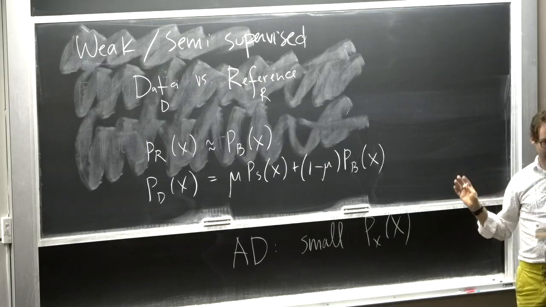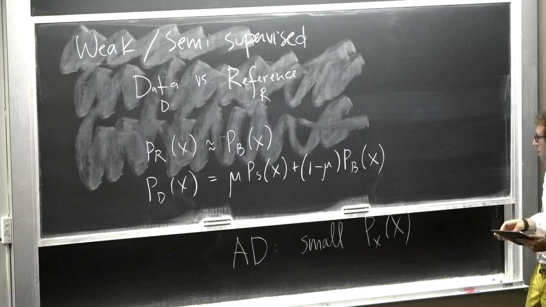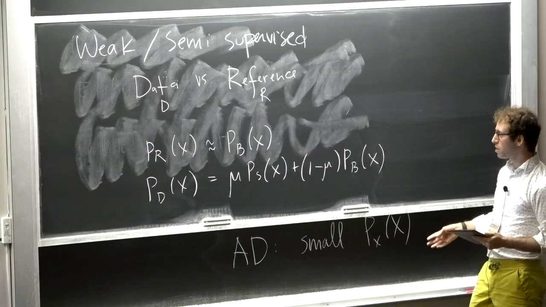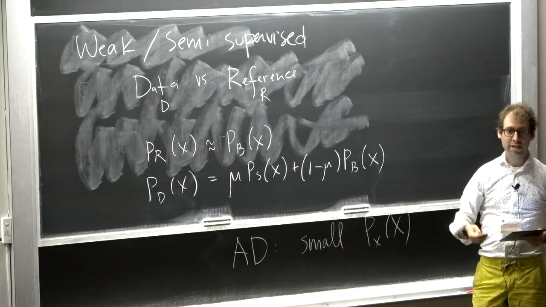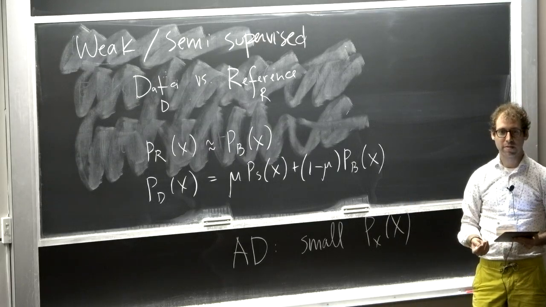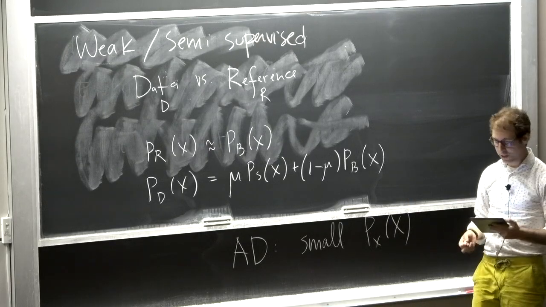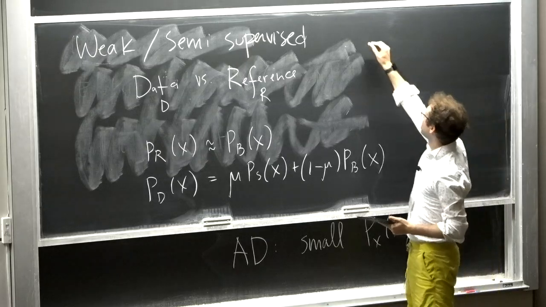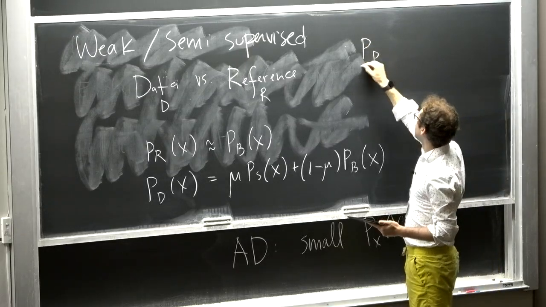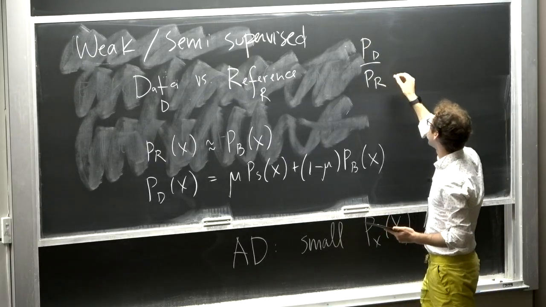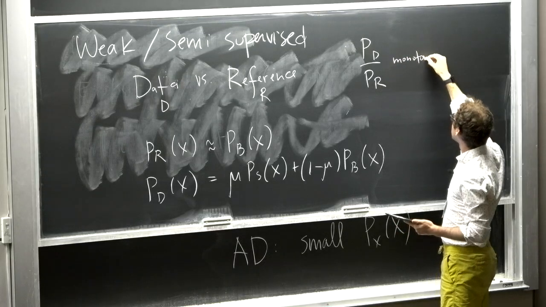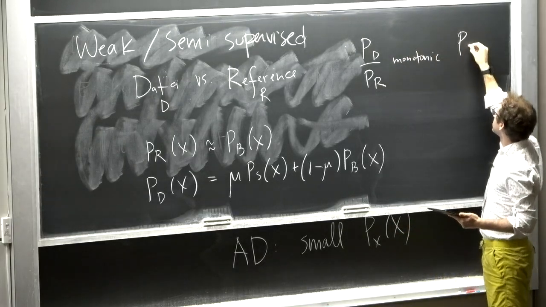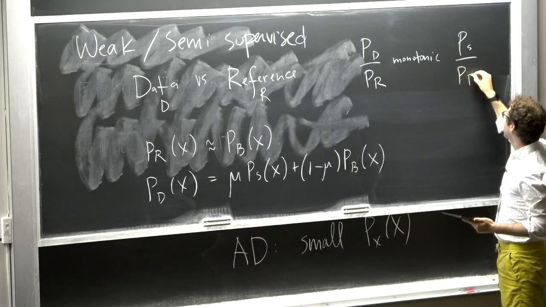We spent the last 2 days talking about likelihood ratios. The point is that the likelihood ratio of P data over P of the reference is monotonic with the likelihood ratio of P of signal over P of background.